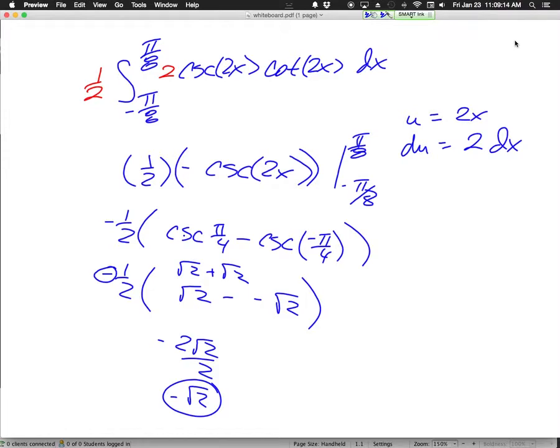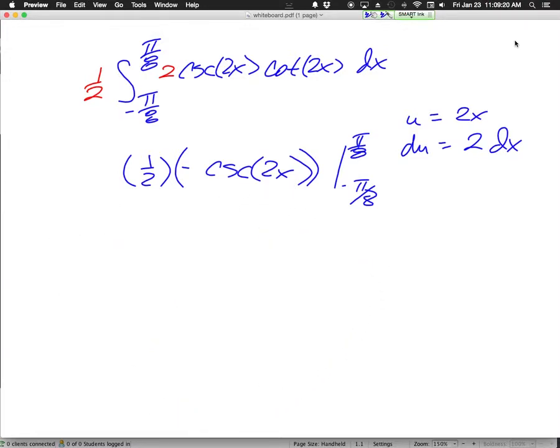And again, to make sure we integrated it correctly, I can go back to this point, which is negative 1/2 cosecant of 2x. So the negative 1/2 is going to stay there. Now I need the derivative of cosecant. What's the derivative of cosecant?